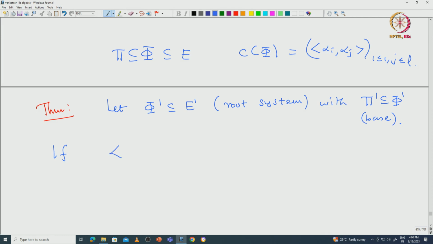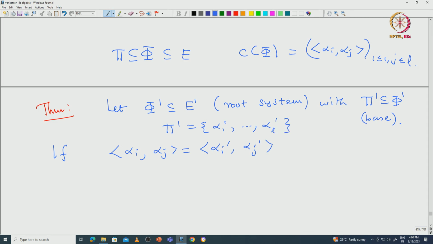For some reason, if we know that these two Cartan matrices are the same, that means all the ijth entries must be the same. So the Cartan integers associated with αi and αj are the same as those for αi' and αj', where αi' we just call the elements of Π', so this is α1' etcetera αl'.